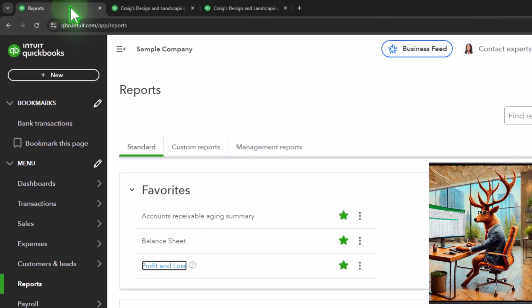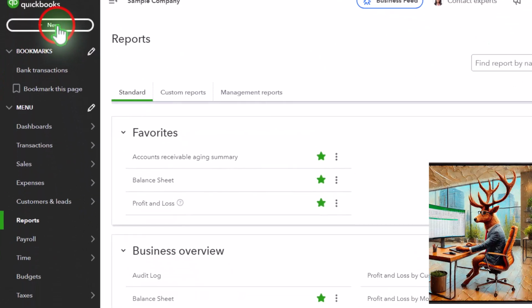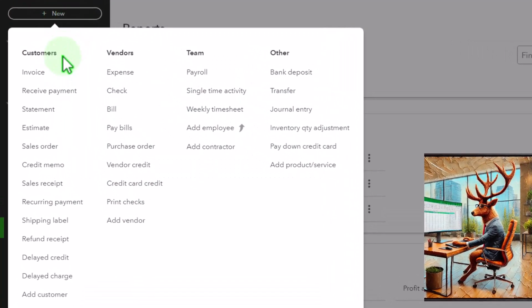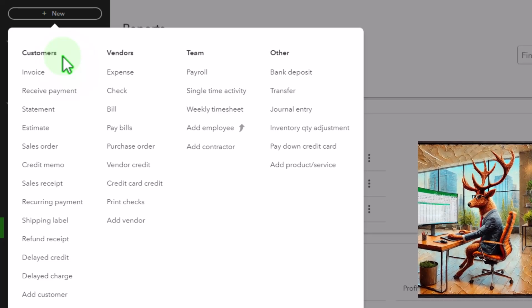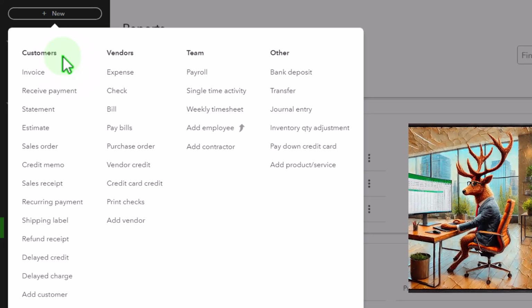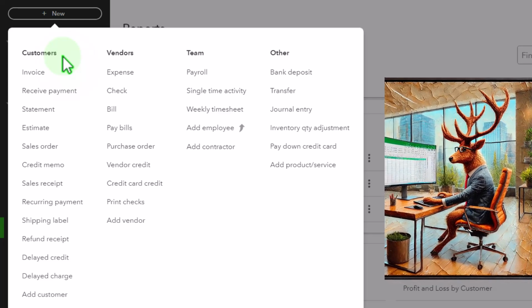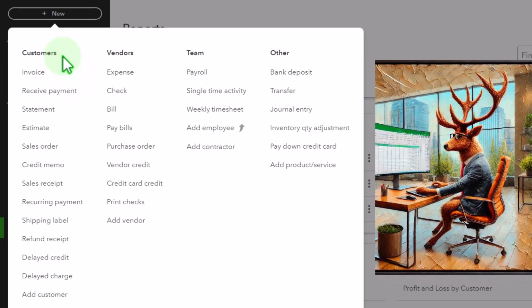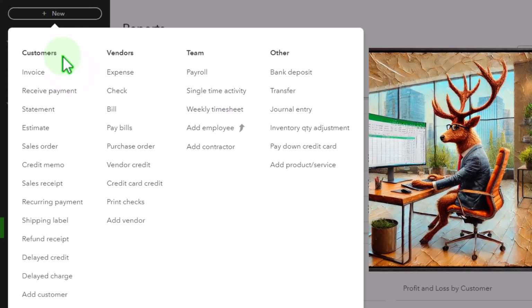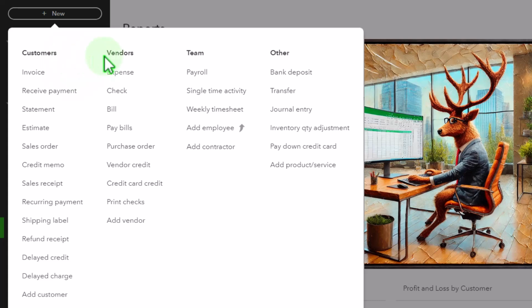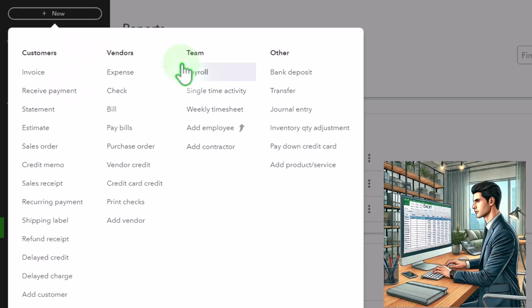But let's go to the first tab here. We're going to select the plus button. We've been looking at the cycles, noting that we have the full accounting cycle we can think of on a yearly basis, breaking down possibly then to a quarterly basis, then to a monthly basis, and then within each of those time frame cycles, we have the cycles of processes, which we can break out to the customer cycle, the vendor cycle, possibly the payroll cycle.